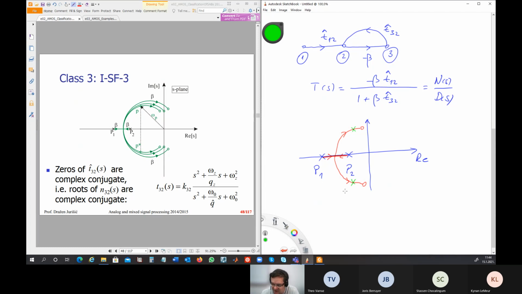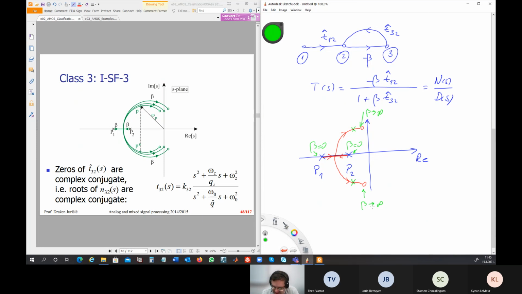So it was very good for us that if you have zeros here, the root locus will go away from the negative real axis. This is what we wanted to have. So here beta is equal to 0 in these points, but here beta is going to infinity, so the root locus finishes in the place of the zeros where there is infinity.